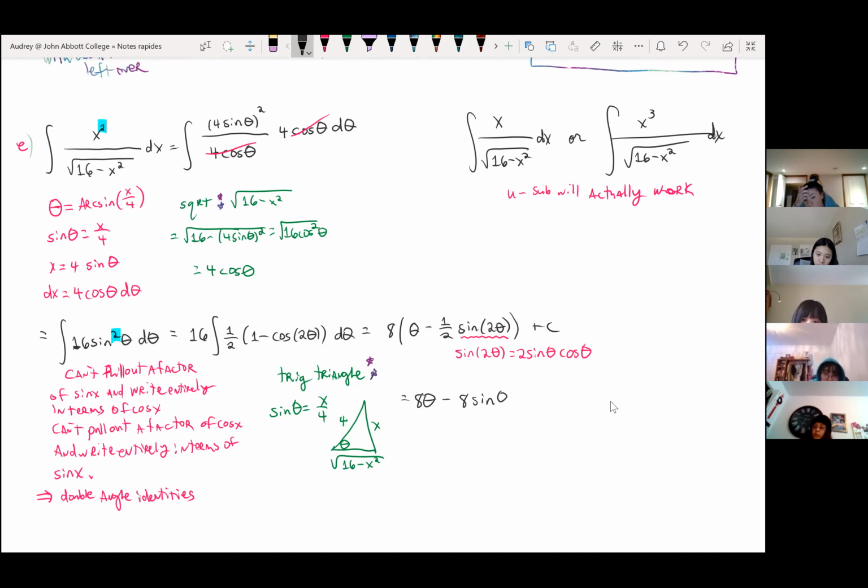Then I have 2 trig functions just in terms of the same angle theta. So cosine theta is adjacent over hypotenuse, and I can rewrite everything. So I get 8 arcsine of x over 4 minus 8 sine theta cosine theta.